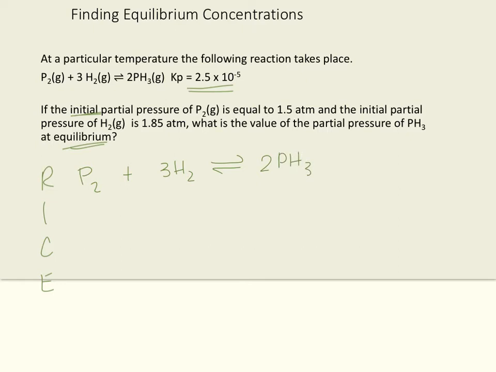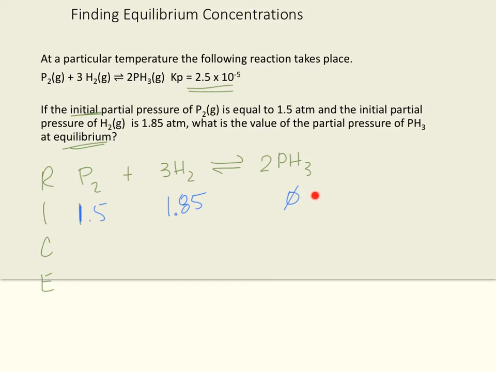And it says the initial partial pressure of phosphorus is 1.5. I'm going to write this in blue. 1.5. And hydrogen is 1.85. And we don't have any PH3. All right, now my change, which direction does this reaction have to go? Can it go towards the reactants? It can't. It can't go towards the reactants because we don't have any of this to make this over here.